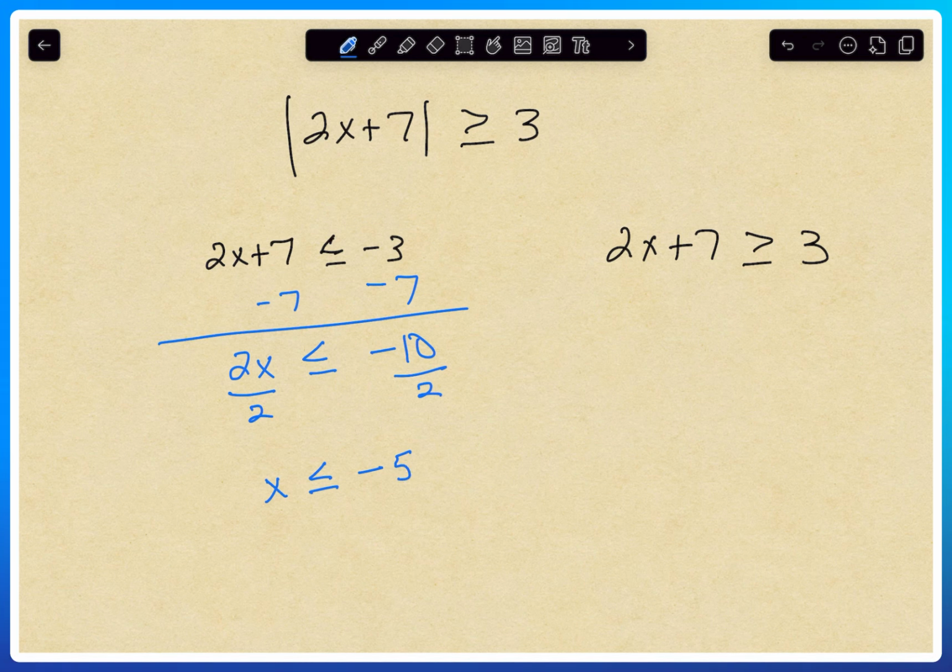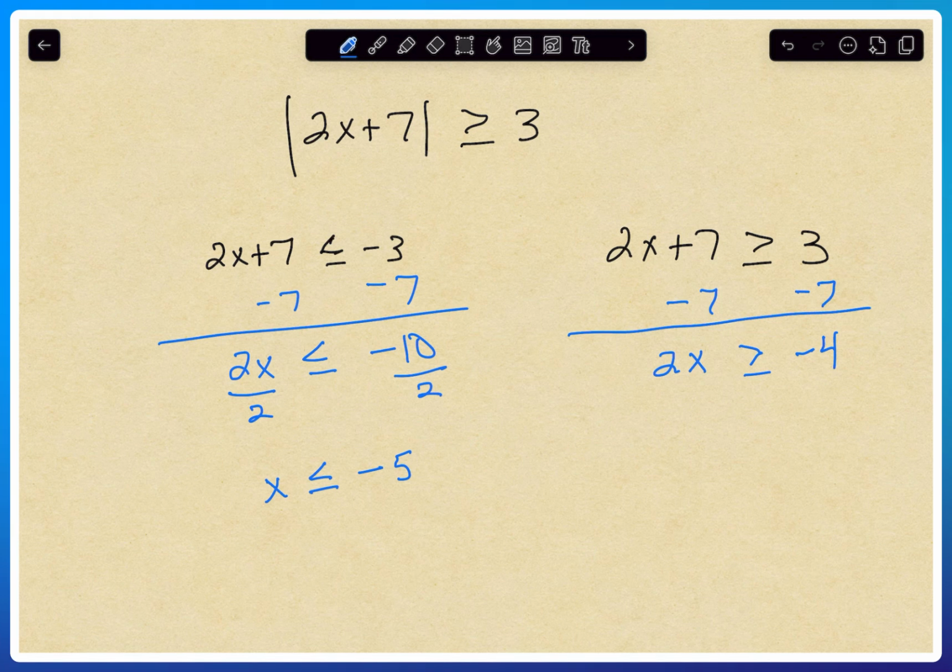Now come over to this problem here. 2x plus 7 is greater than or equal to 3. We're going to subtract 7. And that's going to make this 2x, because the 7's going to go away, greater than or equal to minus 4.